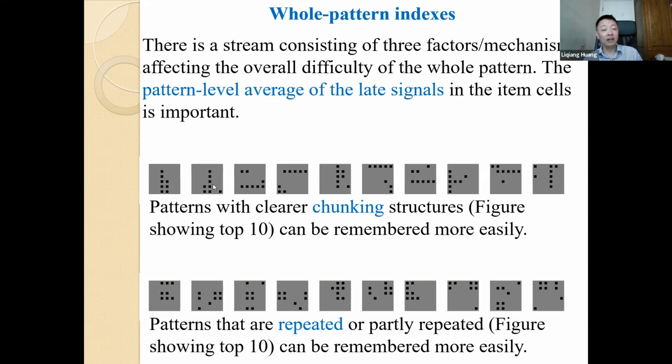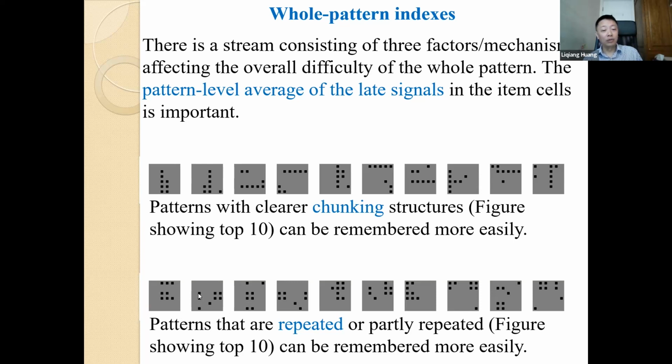Also, if a pattern includes some clear-cut trunk like this, then that will help all items again. And again, if a pattern includes some items that are repeated like this, that will help all items.